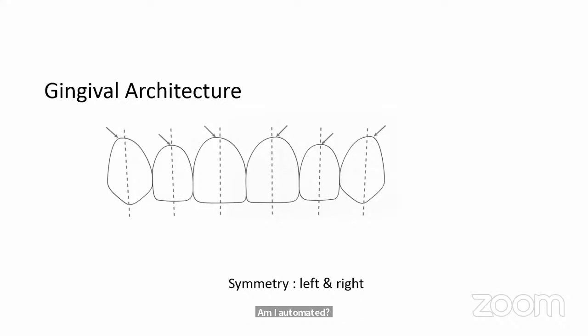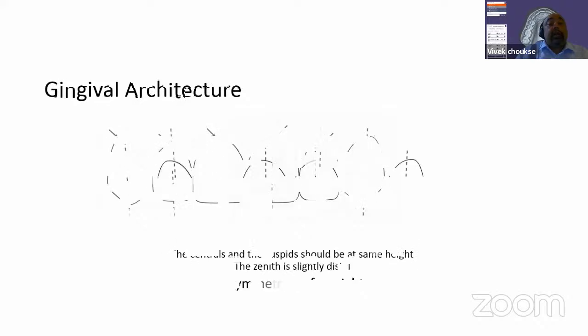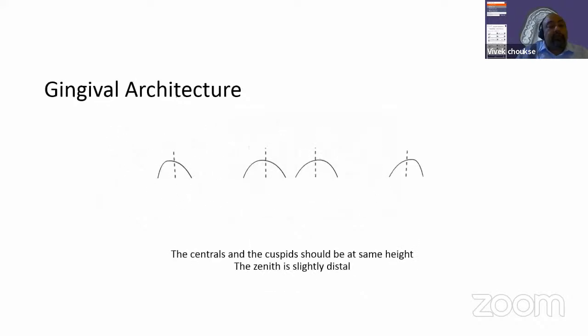Please continue, sir. Okay. So we should check the gingival architecture, whether there is symmetry between the right side and the left side, whether the zenith points are located where they are supposed to be, and if symmetry is not there, how to achieve it.